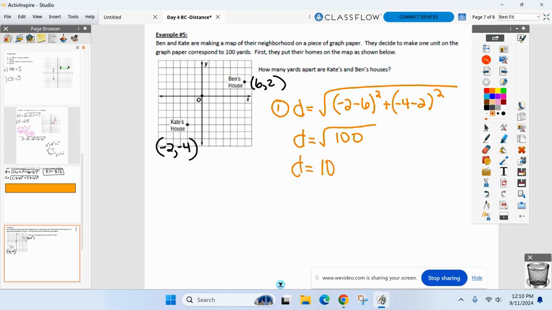They're about 10 blocks away. 10 units, right? But we're looking for how many yards now, right? Everyone's getting 10 units away. Make sure you get 10 units away after you find the distance.